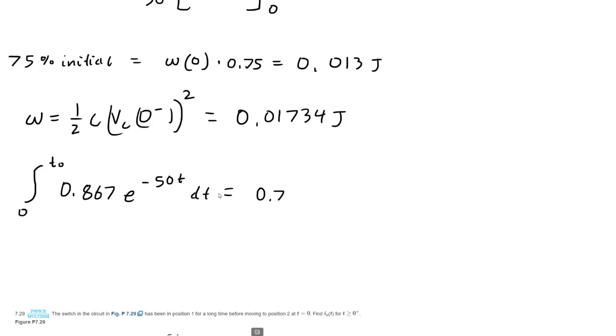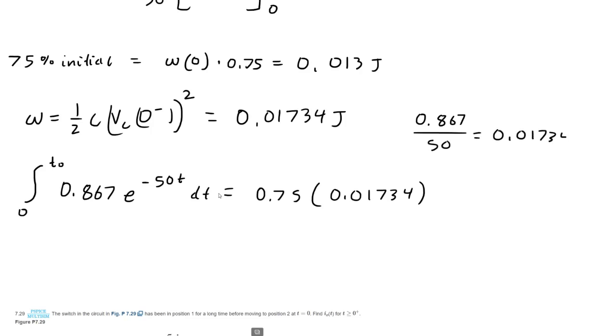So 0.75 times the 0.01734. Well, if you take the 0.867 and divide it by 50, we get the same number, 0.01734.